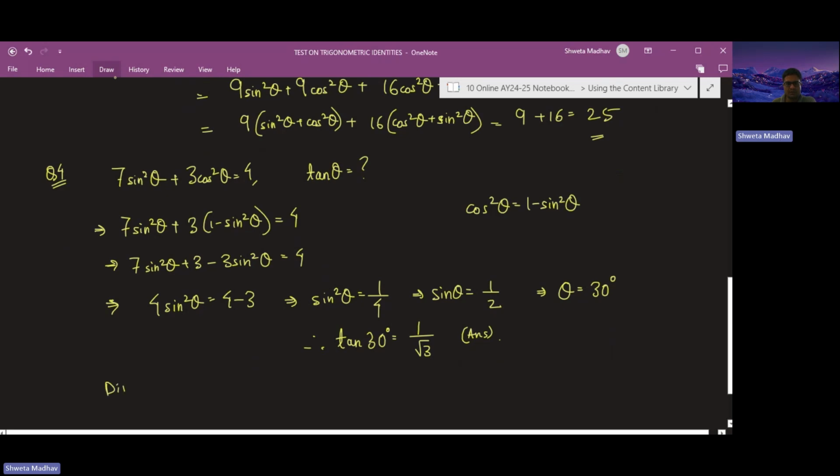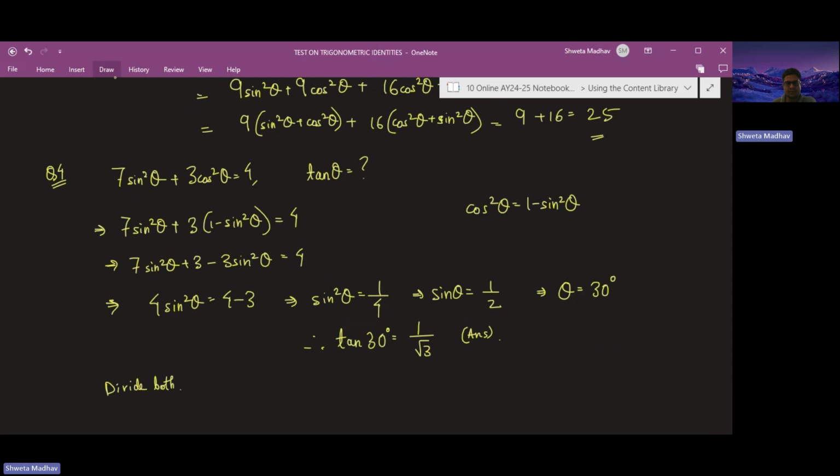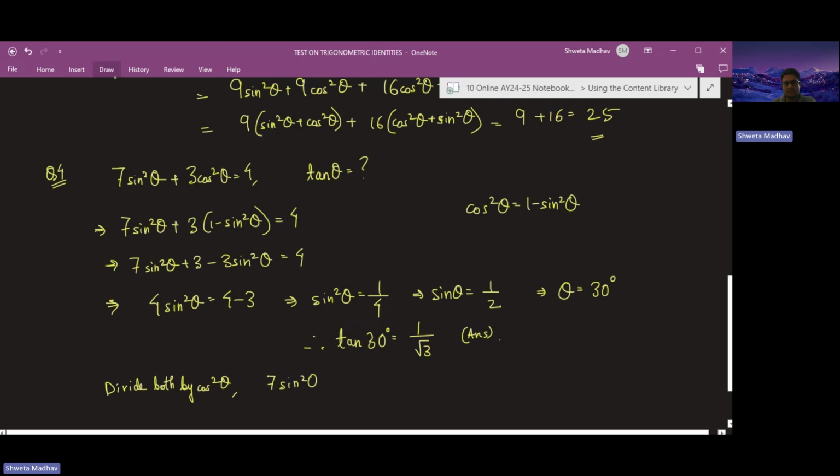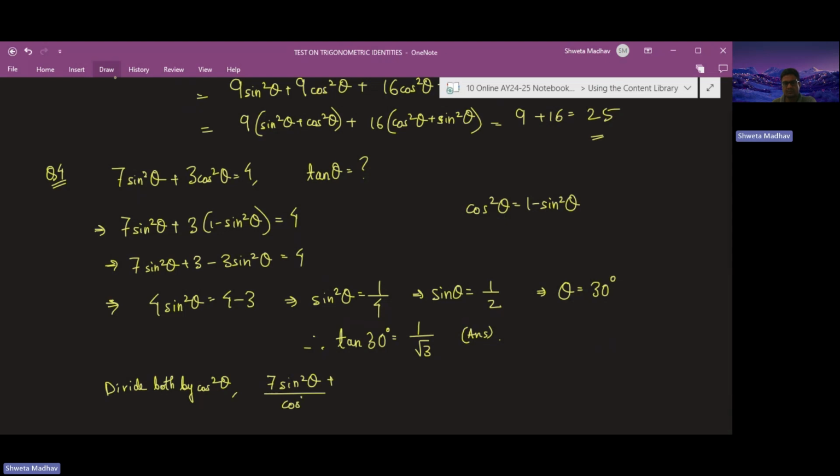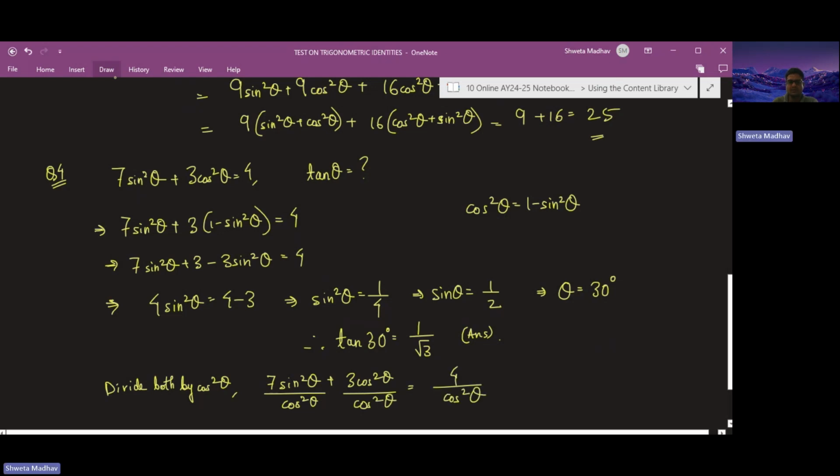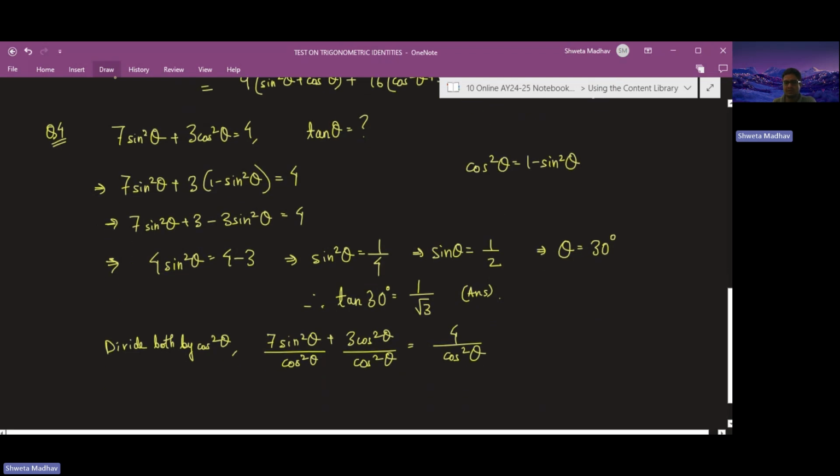We can divide both the left hand side and the right hand side by cos square theta. Then we will get 7 sine square theta by cos square theta plus 3 into cos square theta by cos square theta, that is equal to 4 by cos square theta. Now we know that 1 by cos square theta is secant square theta, and sine square theta by cos square theta is tan square theta.